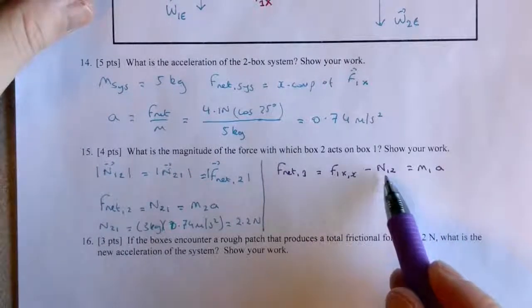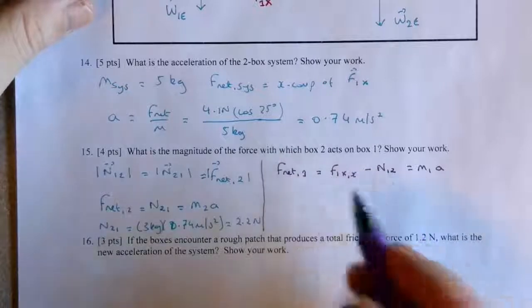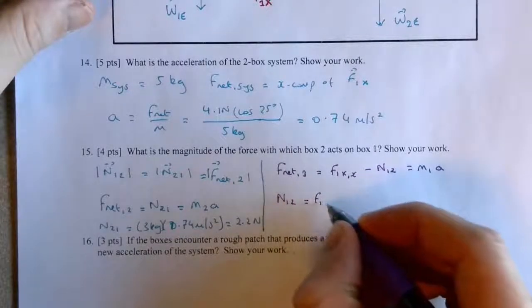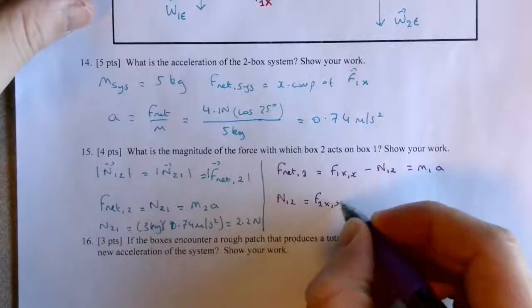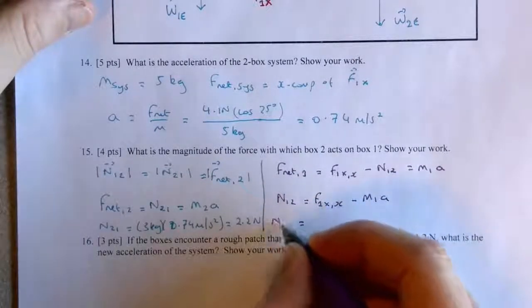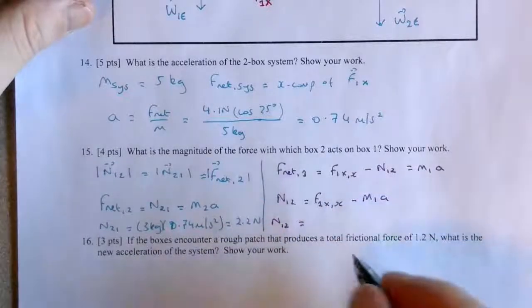So you can solve: N12 will be equal to F1x in the x direction minus m1a. So it takes a little extra step, but not much.